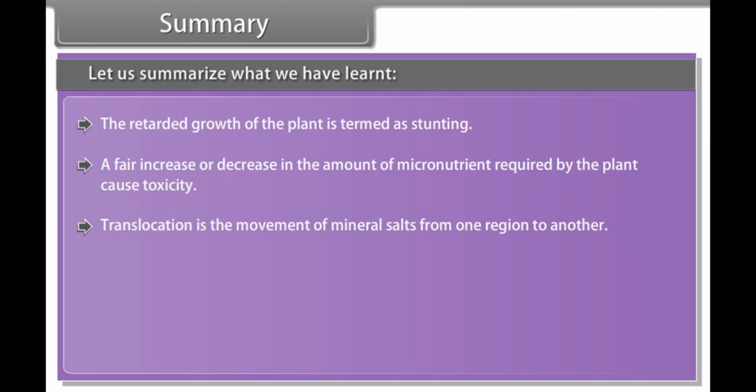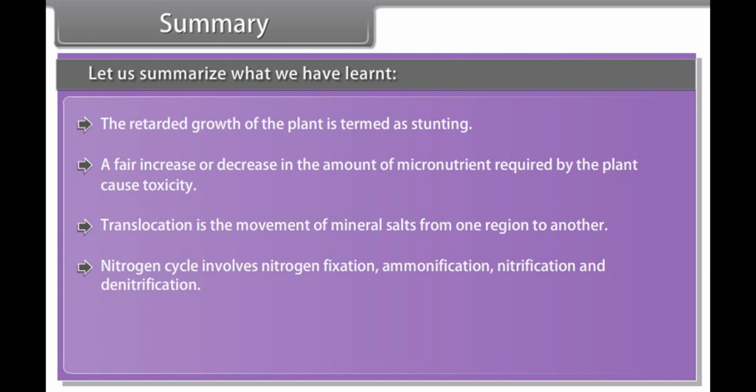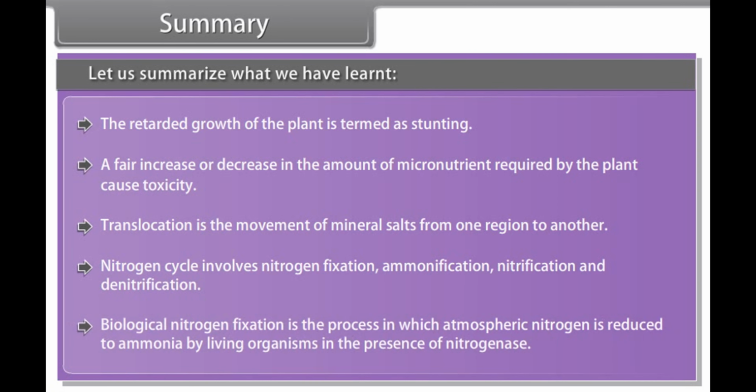Translocation is the movement of mineral salts from one region to another. The nitrogen cycle involves nitrogen fixation, ammonification, nitrification and denitrification. Biological nitrogen fixation is the process in which atmospheric nitrogen is reduced to ammonia by living organisms in the presence of nitrogenase.